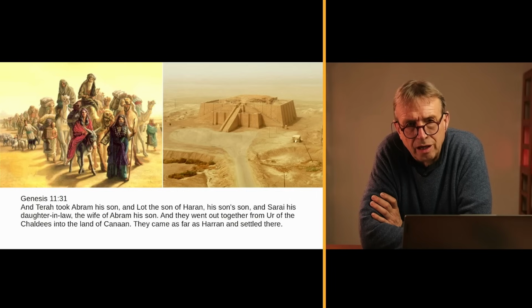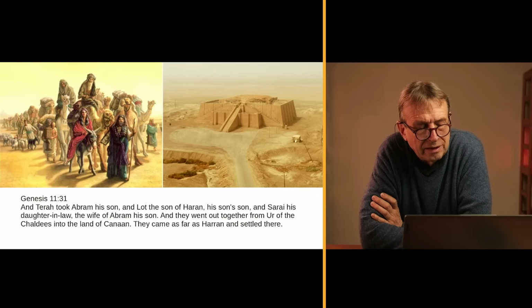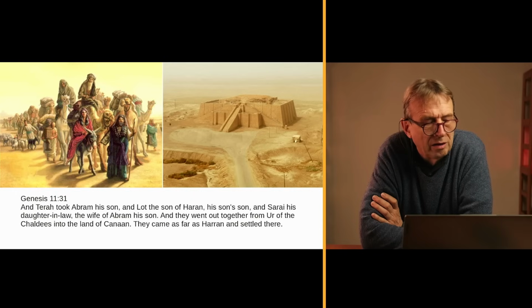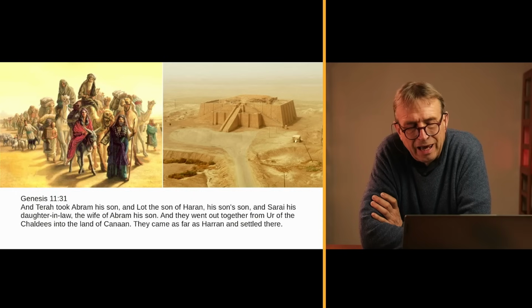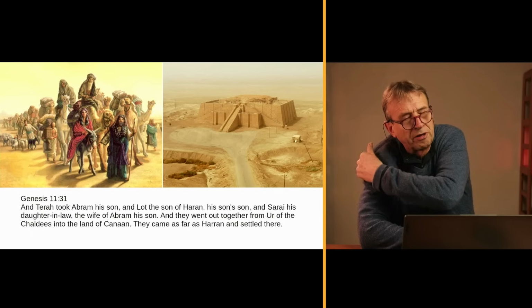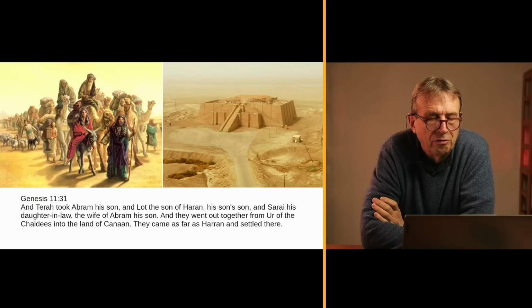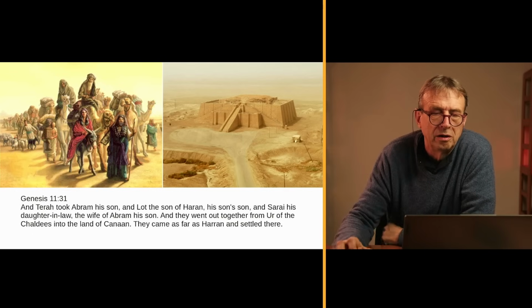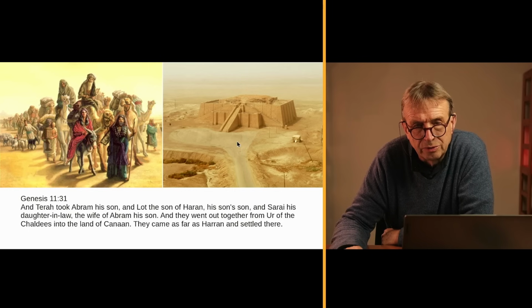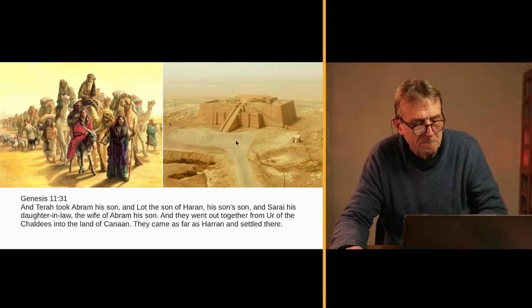So here we learn that Abraham, his father, his wife, his brother, a whole load of people actually left the town of Ur and moved up right along the Euphrates Valley. Over a very long distance, they moved up to the town of Harran, which we've been studying.